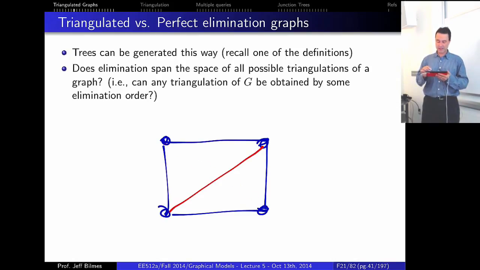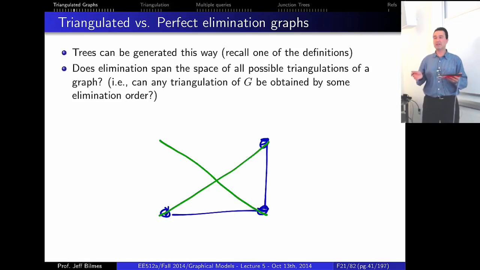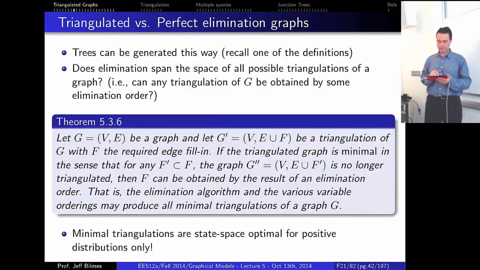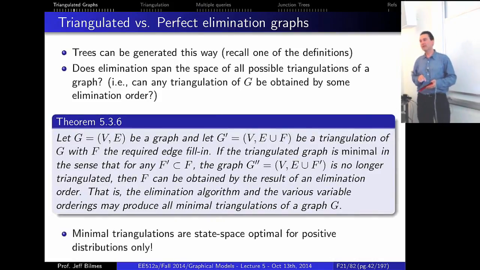We can't get it, because as soon as we eliminate one node, let's say we eliminate this node, we add this edge, we get rid of this, there's no way anymore ever to get this edge. That node is gone, so that edge can't be produced. So there's no way of turning a 4-cycle into a clique via the elimination process.